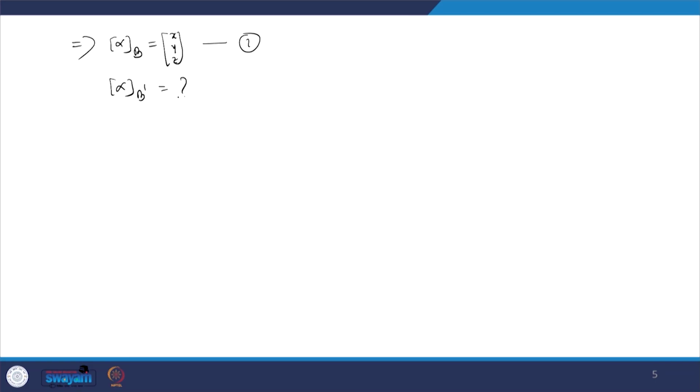Okay, let me quickly calculate it. So, I know (x, y, z) equals C1 E1 prime plus C2 into E2 prime plus C3 into E3 prime. This is equal to C1 into (1, 1, 1) plus C2 into (1, 1, 0) plus C3 into (1, 0, 0).